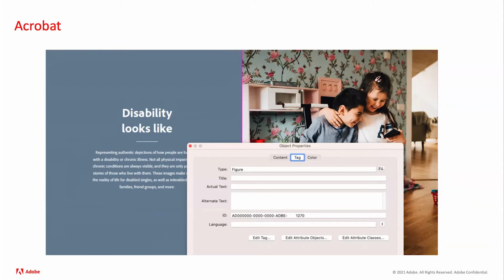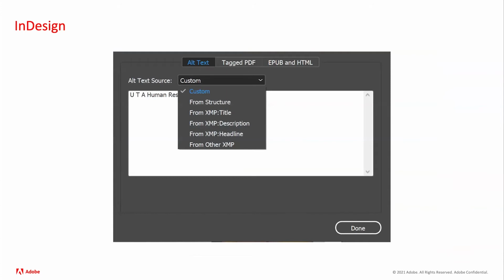And then at the same time, also allowing authors the ability to decide whether to use that or not. A good example of where this is possible today is with InDesign, where I'm showing the dialogue for object information. So when you insert an object, an image object, into an InDesign document, you can choose to grab the alternative text from a variety of sources, including XMP, title, description, headline, or from other XMP.